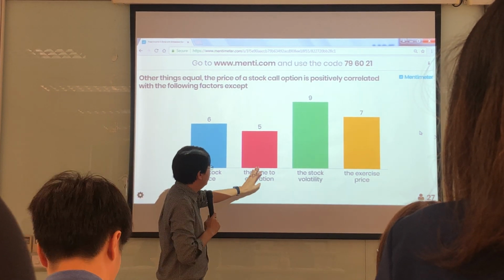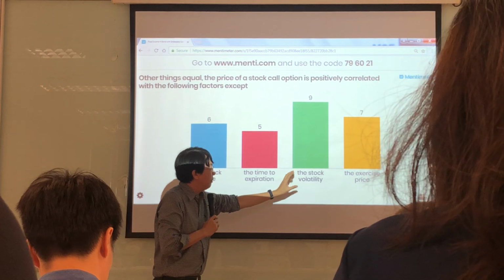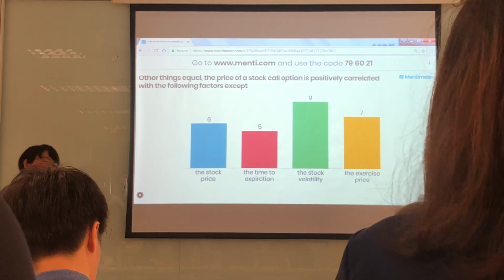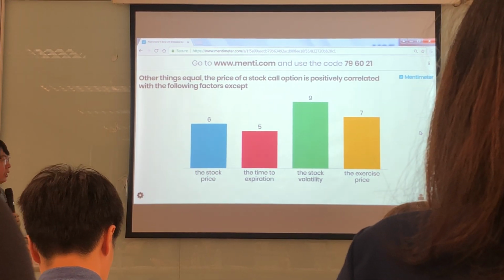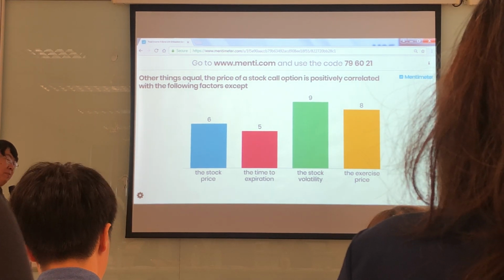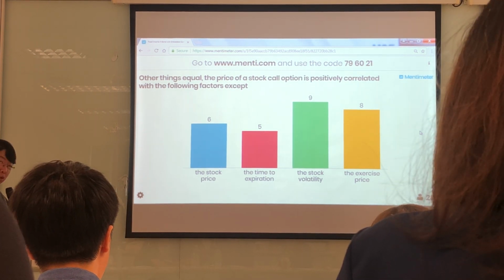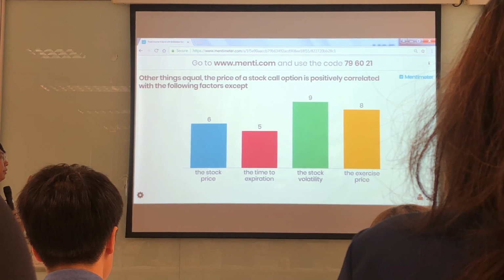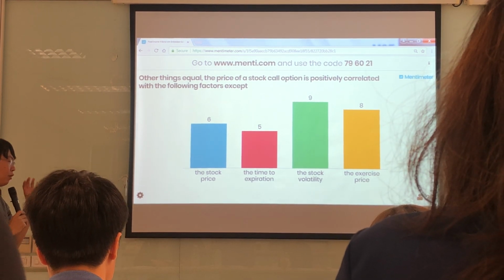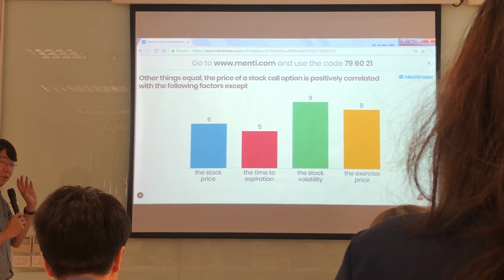Now let's move on to number 2 and number 3. For number 2, when you learn derivatives, this one is maybe tricky, especially for the European option. If you talk in detail, this one may not be correct too.